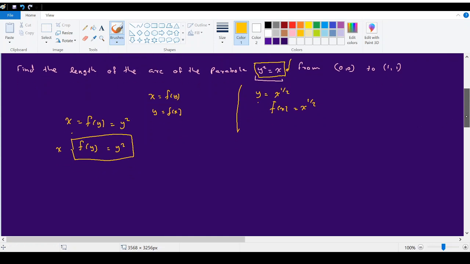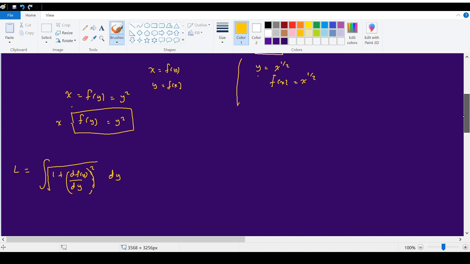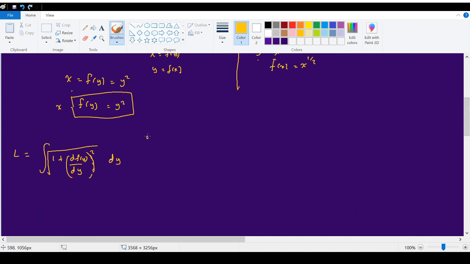So now to find the length, we just have to use this formula, 1 plus the derivative of f with respect to y, and remember we should square this one, okay? And here we have a square root, and then the integral runs through the y variable, and we should find the length from (0,0) to (1,1).